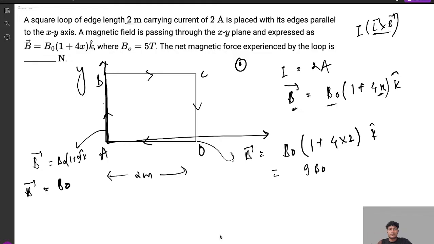If we see L cross B using the right hand thumb rule, then the force on each side is inward, towards the center of the square.